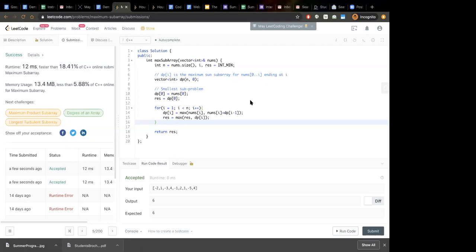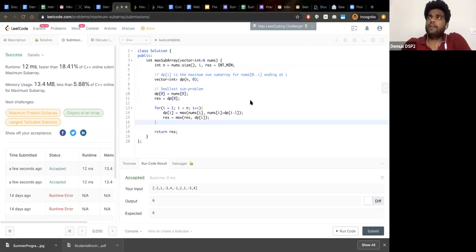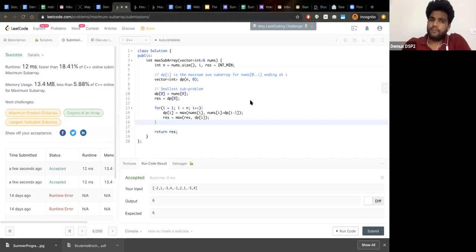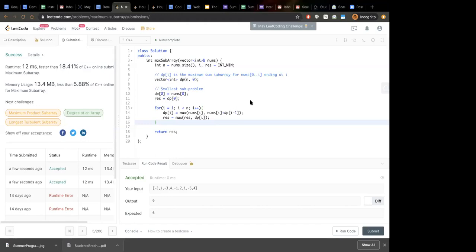Sir, in the previous, we discussed two approaches. Which one is this? We just discussed the recurrence tree. Which approach did we use here? We used both the decisions, right? Subarray of length 1 and subarray of length greater than 1.